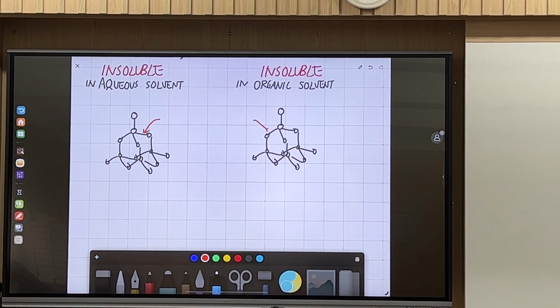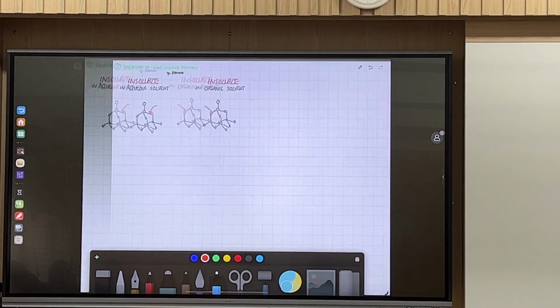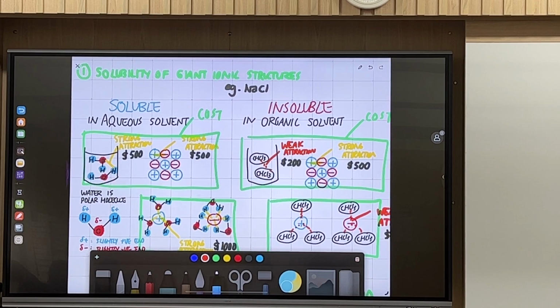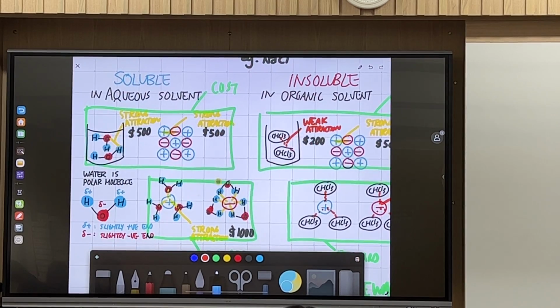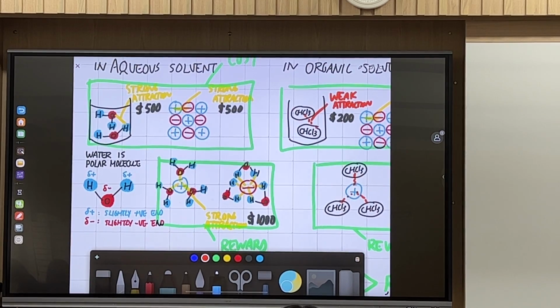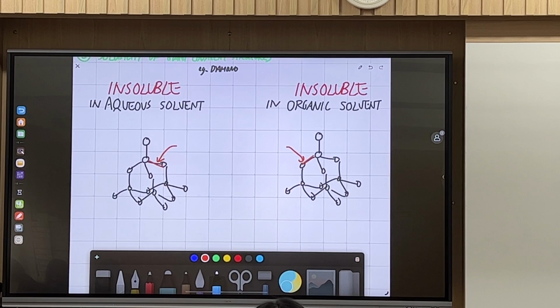What do we call these bonds? Strong covalent bonds. There are just so many covalent bonds that you need to break. That will make your initial investment close to infinite. Your initial investment is like $10 billion, so you know the reward cannot compensate for that. Too many strong covalent bonds need to be broken.